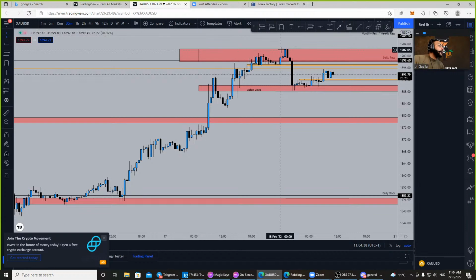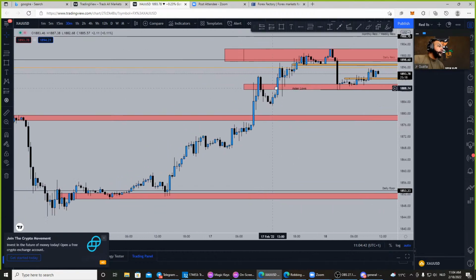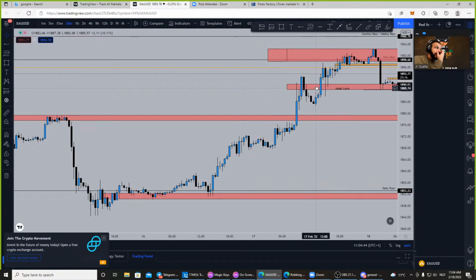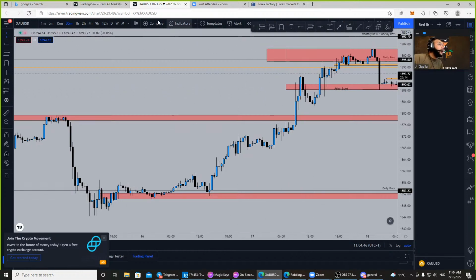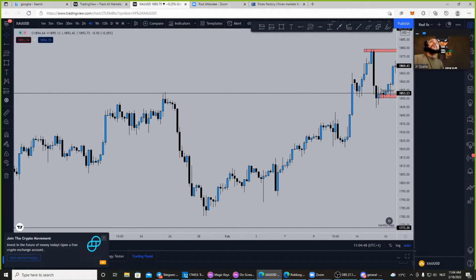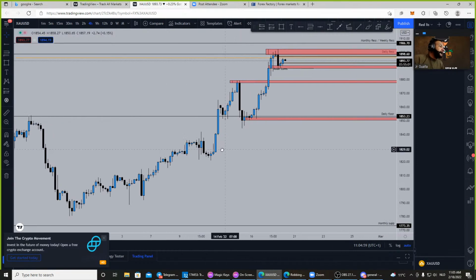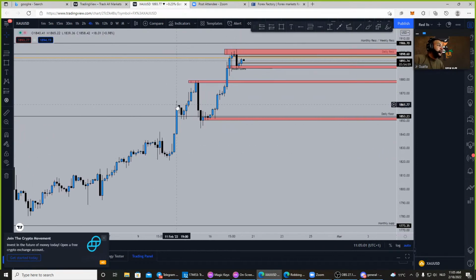It wasn't here. It wasn't here either. It was a swift drop, and it pushed right back up. Looking for the bigger picture. Yeah, 100%. If you could just take advantage of these moves in the meantime, I think it was here.